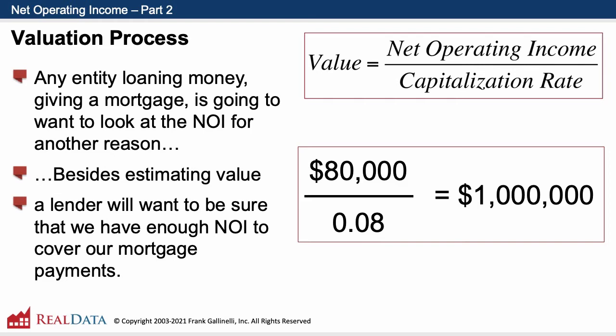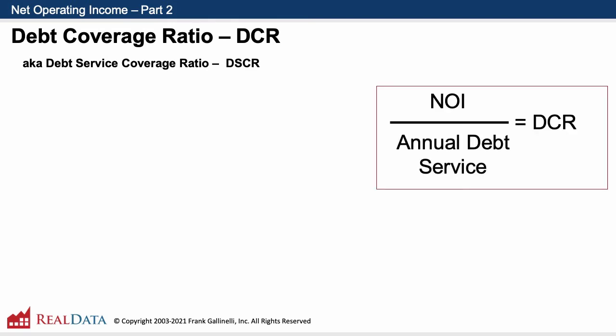So, NOI is part of another real estate investment metric called debt coverage ratio, DCR, also called debt service coverage ratio, DSCR. They both mean the same thing. Quite simply, it works like this. DCR is the ratio of our property's NOI to its annual debt service for the property mortgage, or mortgages.